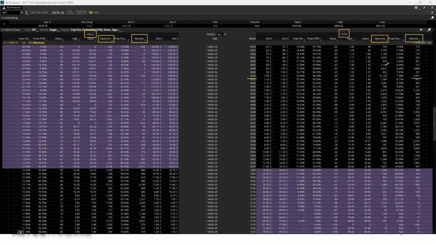It doesn't matter if it's a call or a put. If there's a trade at a strike for those contracts, it's going to affect the volume. So it's basically how many contracts have changed hands between buyers and sellers on that day. This is going to reset each day.